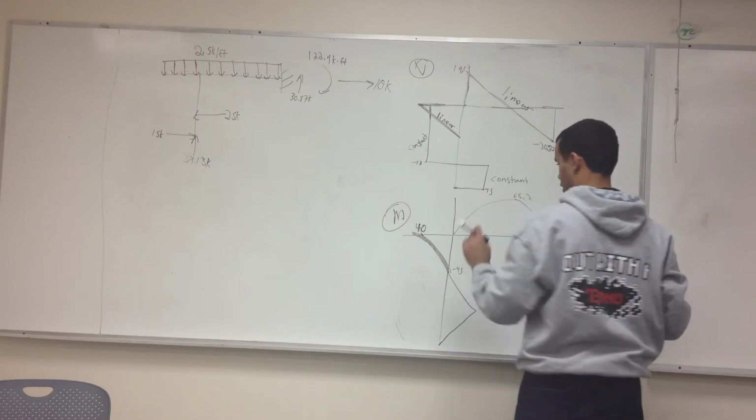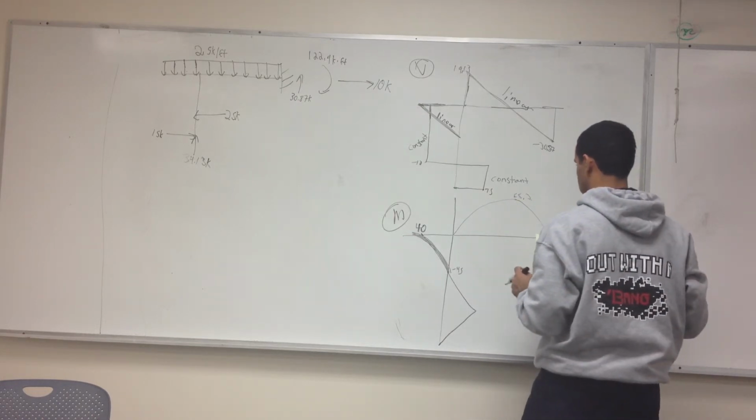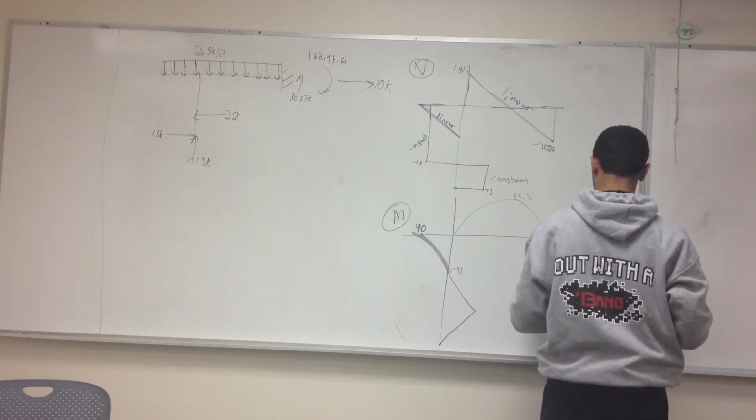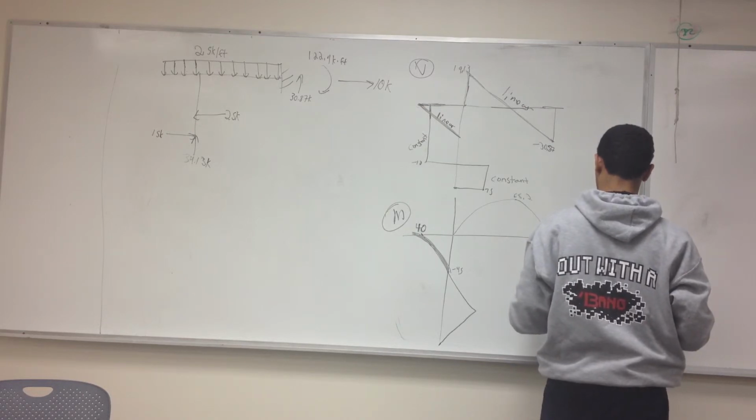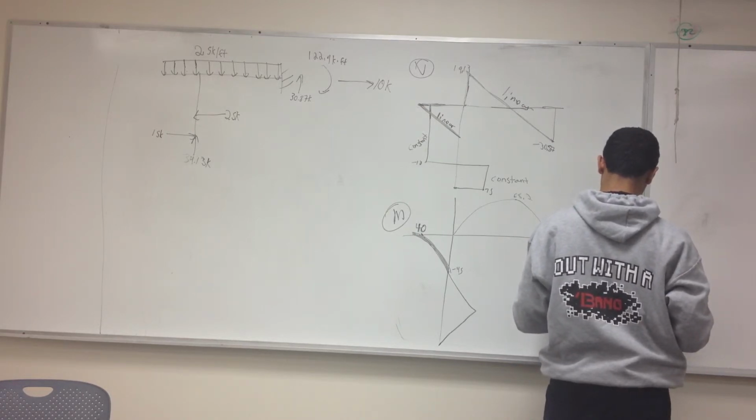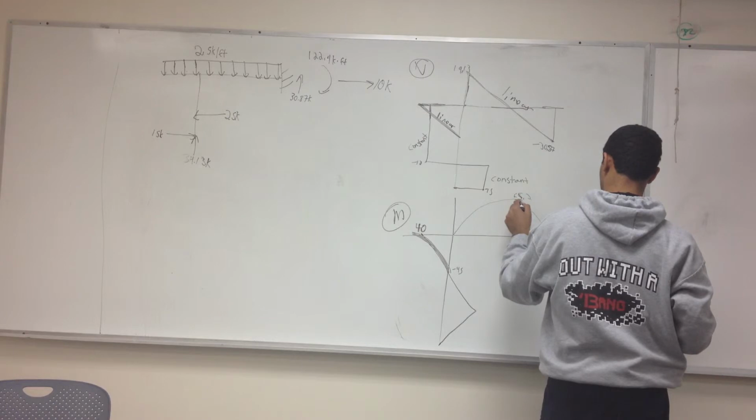No, our maximum was not 68.2. Our maximum was actually -122.4, and that's going to be kinked up to 0 for equilibrium. And we obtain this all from the area method.